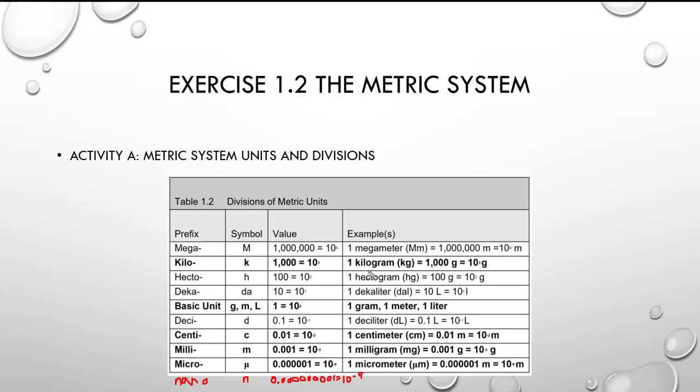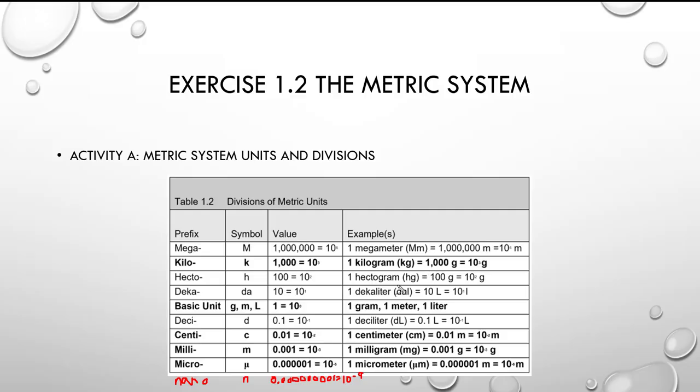So if I'm measuring something large, I might measure it in kiloliters or kilograms or kilometers. So 1 kilometer equals 1,000 meters. Okay, so if I ran a 3K, that's 3,000 meters long, right?